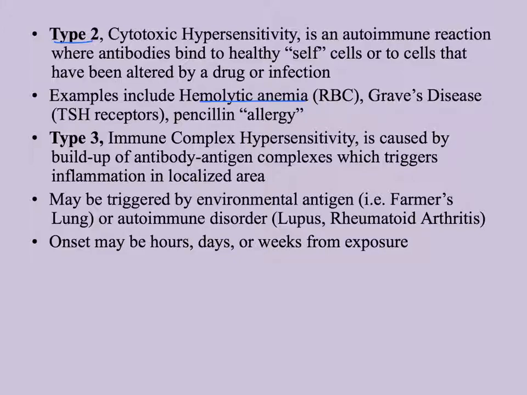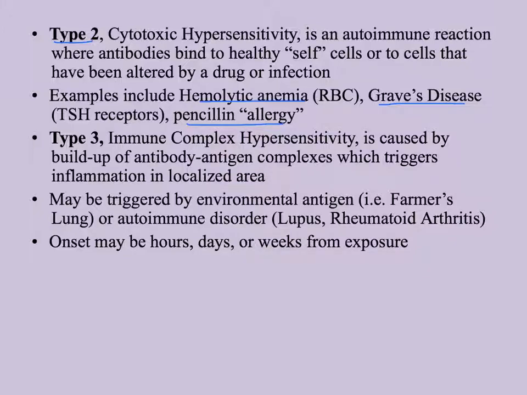It's an autoimmune type of response, Graves' disease as well, and penicillin allergies. The penicillin drug itself can change the cell membrane structure, creating what appears to be a foreign antigen on the surface of the self cells, and so then the body will treat them as so with a type 2 hypersensitivity reaction.